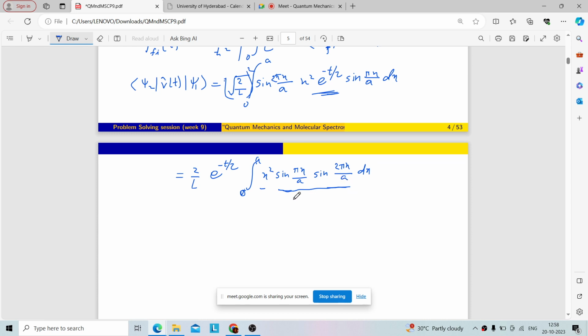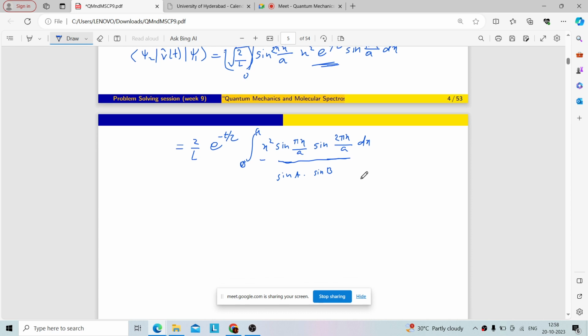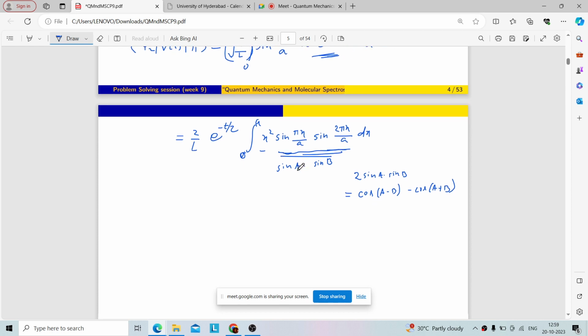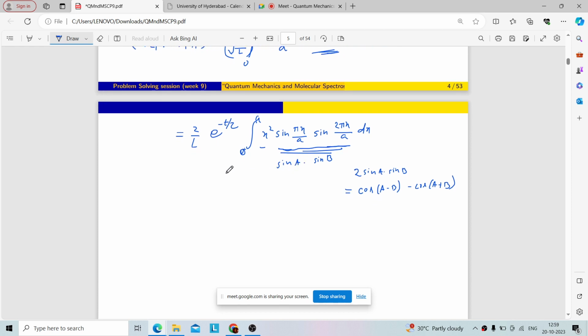You see this is in the form of sine A times sine B. So we know from the identity, sine A into sine B, we can write as cos(A minus B) minus cos(A plus B).